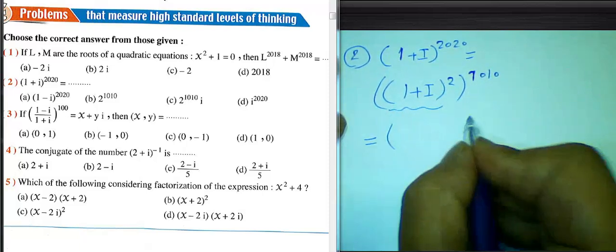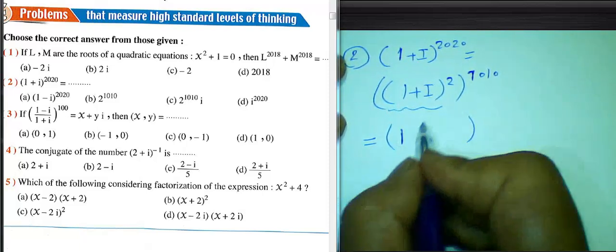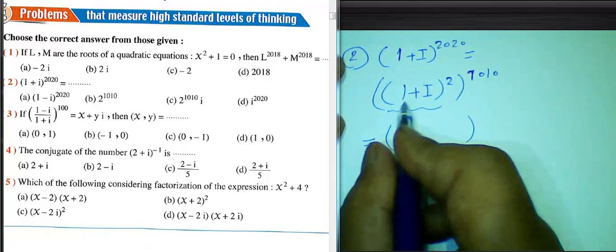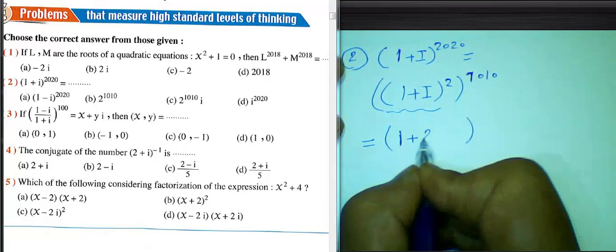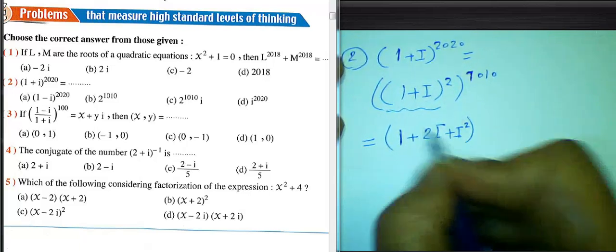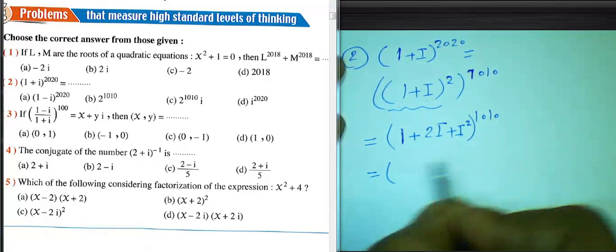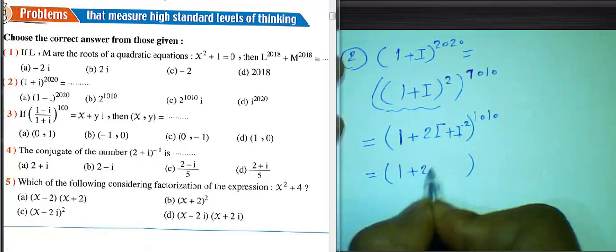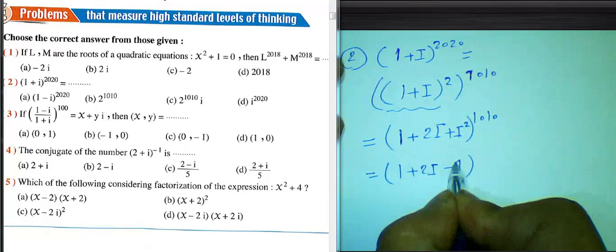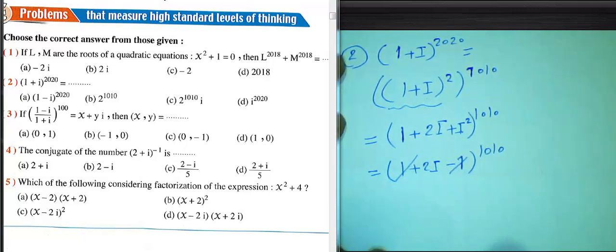1 power 2 equal 1, plus 1 times i times 2 equal 2i, plus i power 2, all in parentheses to power 1010. The result will be (1 plus 2i minus 1) to power 1010. 1 subtract 1 equals 0.